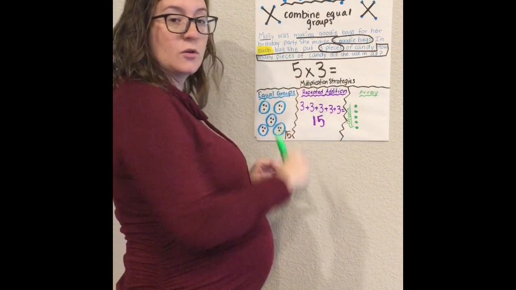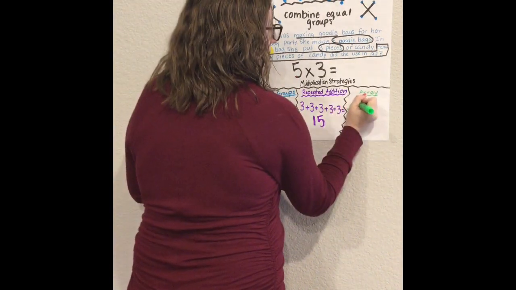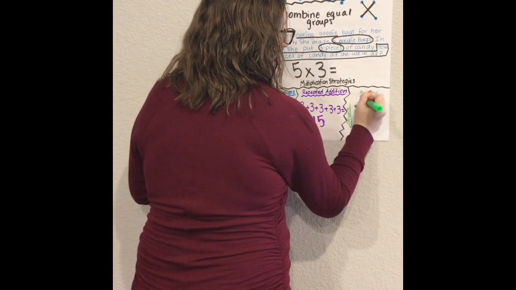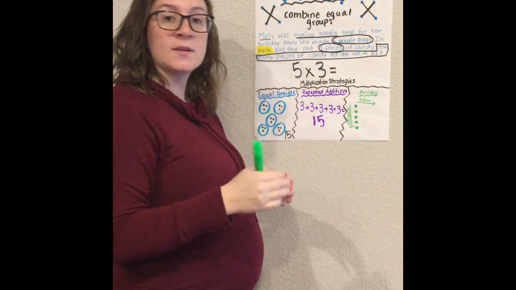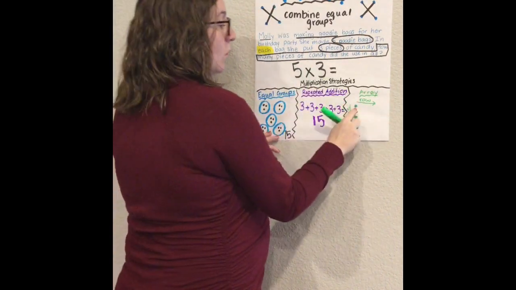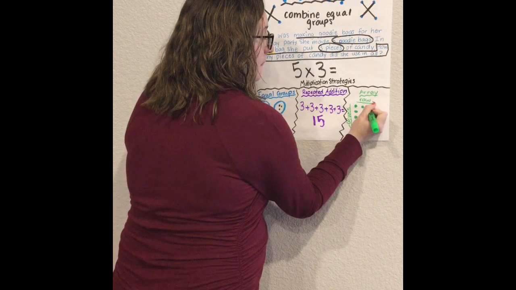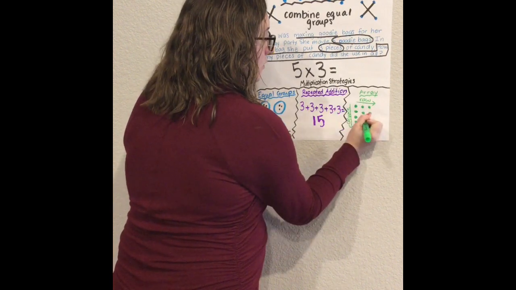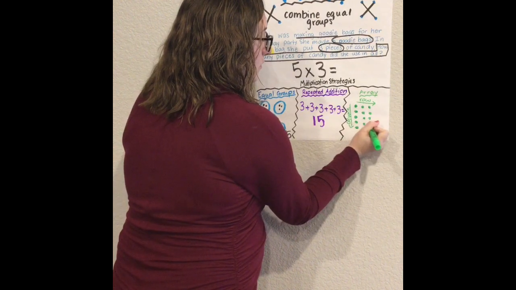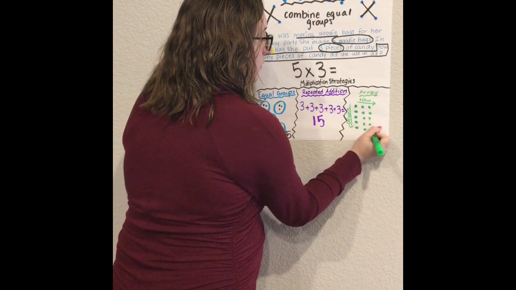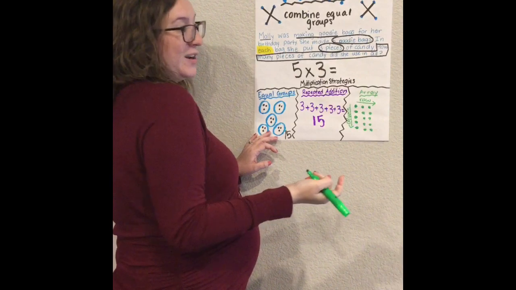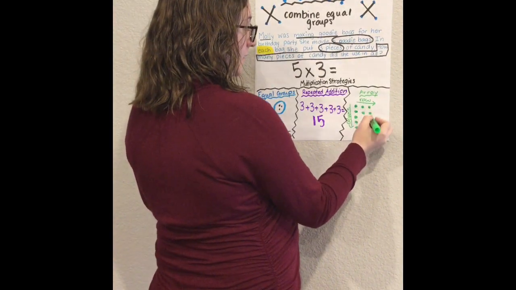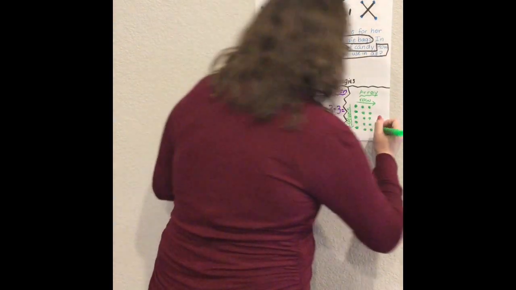That represents the groups. And now we're going to look at our rows. And each row is going to be the number of candies in each bag. So 1, 2, 3 for each row. And then again, we're going to count. 3, 6, 9, 12, 15.